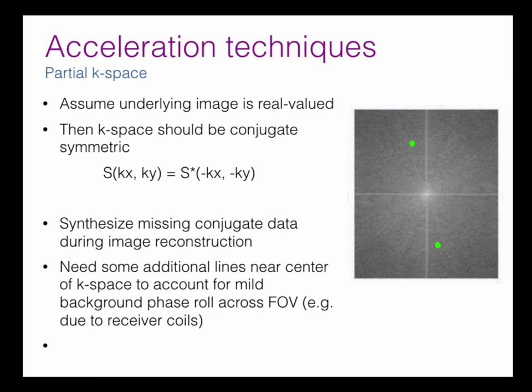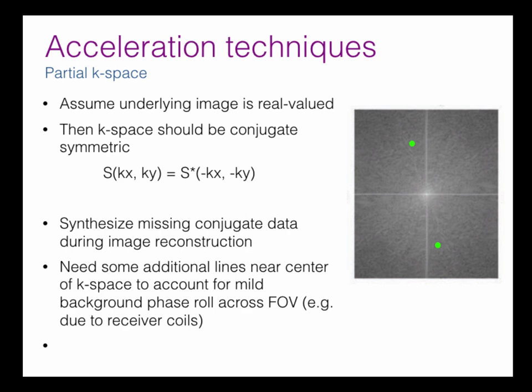Another method is to notice that, according to the mathematics of K-space, if your underlying object is a real valued object, and most of our objects are real, you can make the simplification that the conjugate point in K-space is the complex conjugate of the original point. So if this is the center of our K-space, and we consider a sample down here, the conjugate point, which is at minus kx, minus ky, is the complex conjugate of the original point.